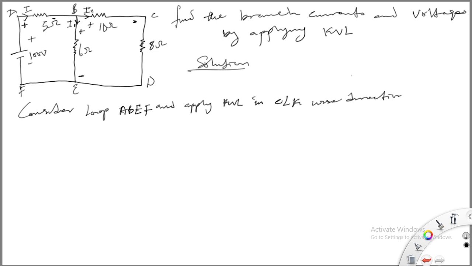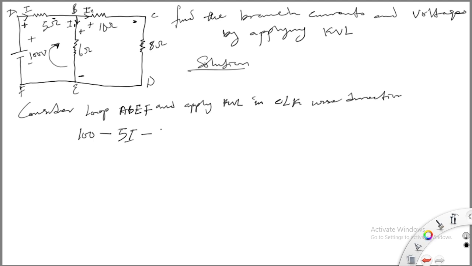We're going clockwise, we're going this way. So going this way means what? Voltage rise would be what? 100 minus voltage drop would be 5i, 5 multiplied by I.